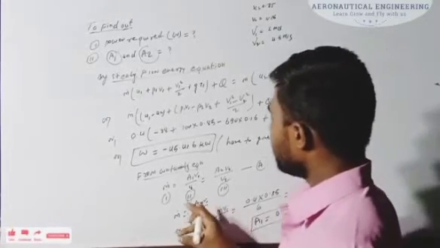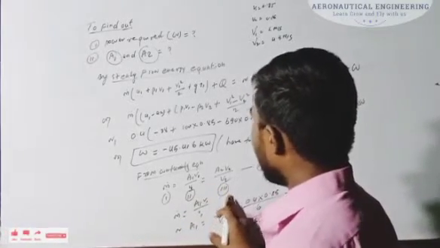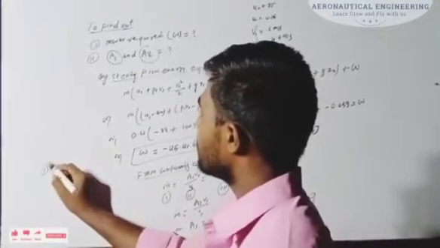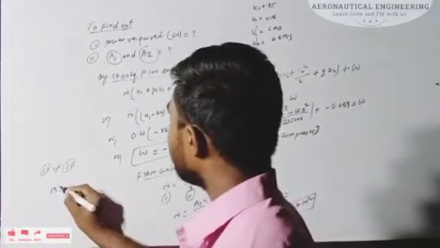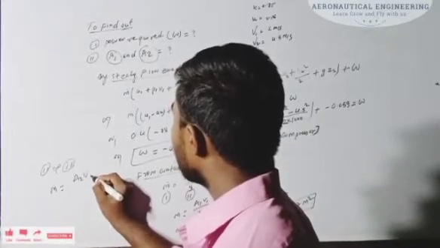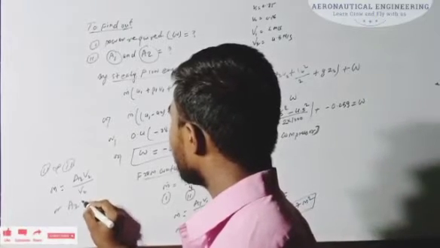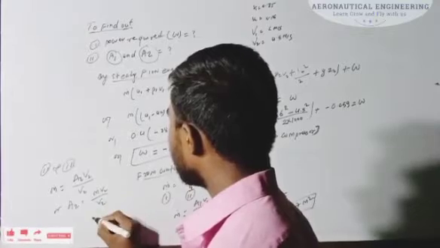In the similar way we can take the second and third one and we will be able to find this A2. So take second and third. See, m dot equal to A2 V2 upon v2. So A2 equal to m dot v2 upon V2.